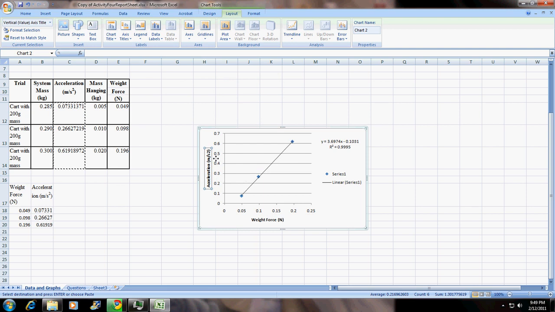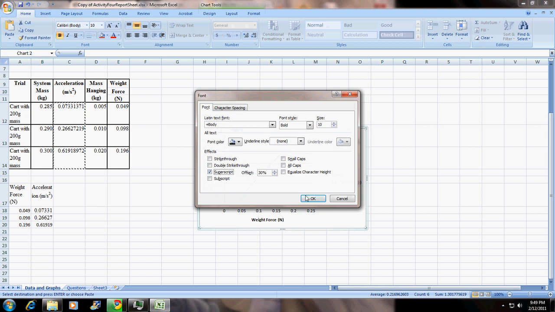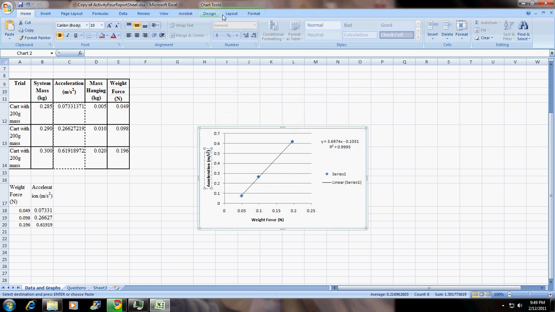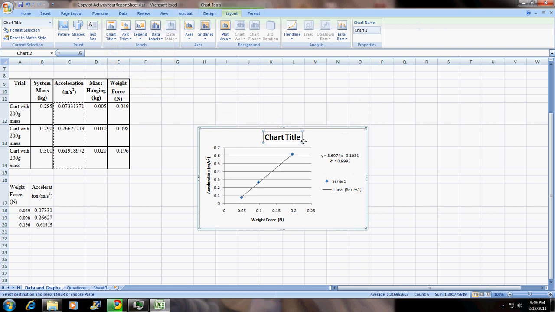I'm going to highlight the 2. I'm going to go to home, font, make it a superscript. Okay. Then I'm going to go back to layout, chart title above the chart.